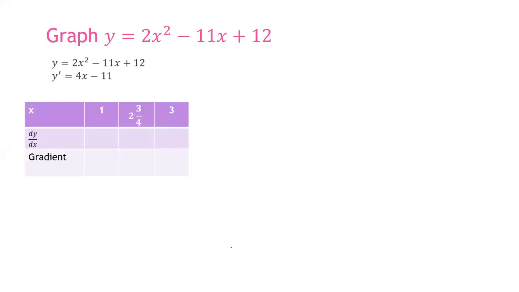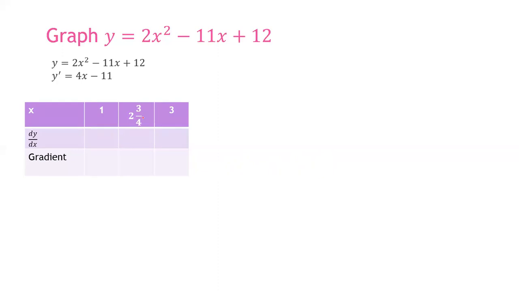The next step, we will determine the gradient of this function, the gradient of this graph. I'm going to use this table. Okay, recall that the stationary point is 11 over 4.